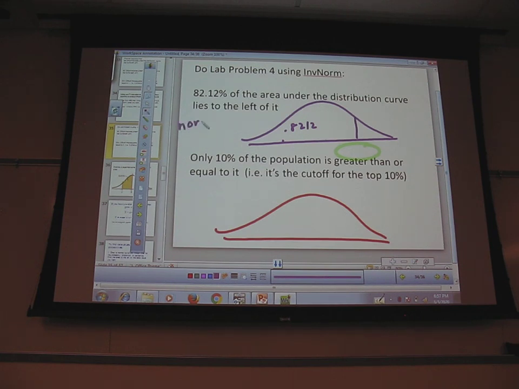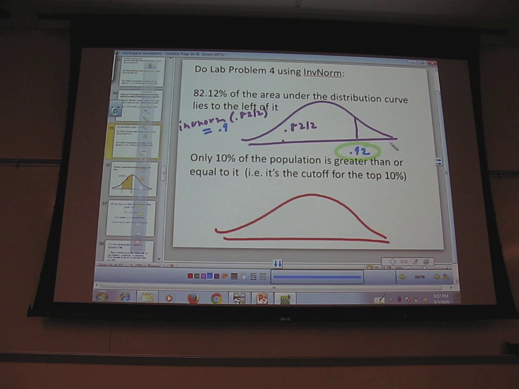You guys are doing inverse norm, sorry. At 8212, giving me z-score in 2 decimal places. What'd you guys get? 0.92. Okay.